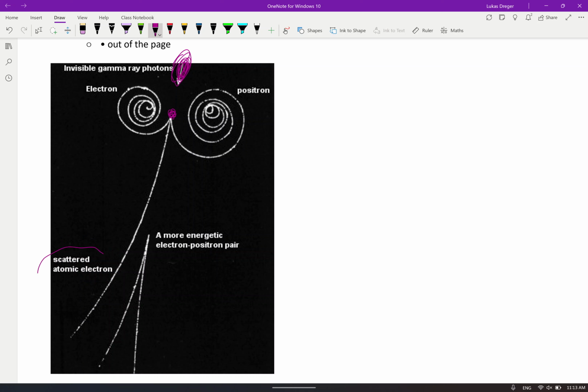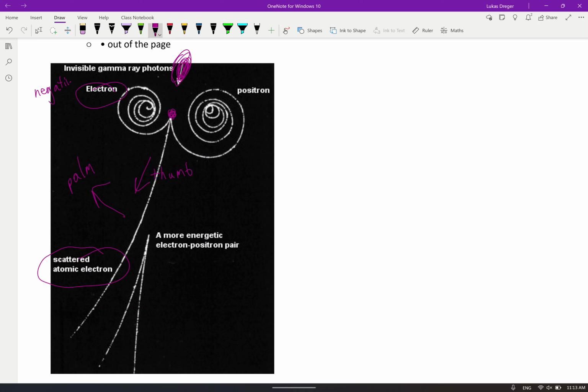Now, if this is a scattered electron and this is an electron, that means that negative charges are being pushed in this direction when they're moving in this direction. So my thumb is going to be this one, right? And my palm, which is the force being applied, is in this direction. So with that in mind, if you use your left hand, why is it left hand? Well, because this is negative.